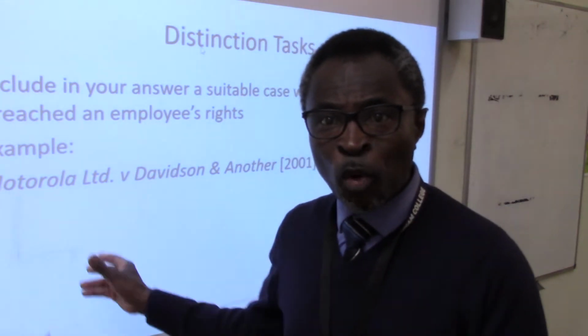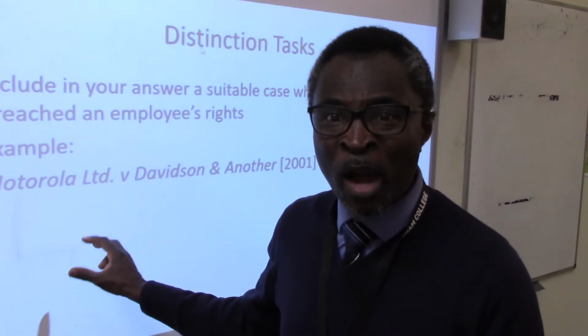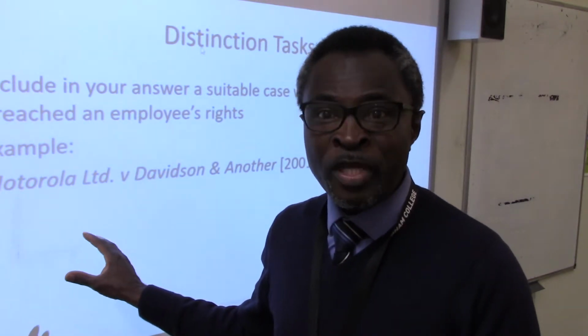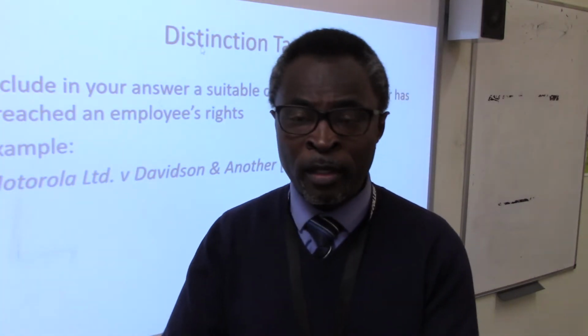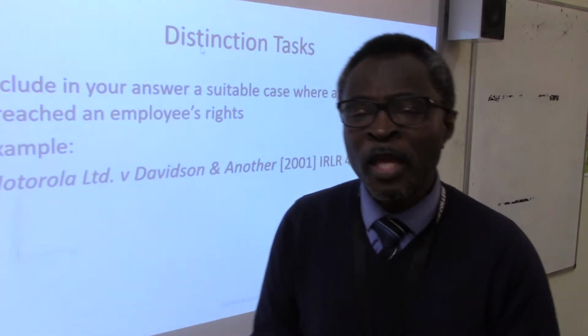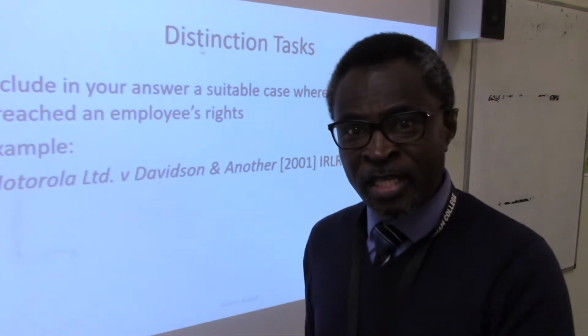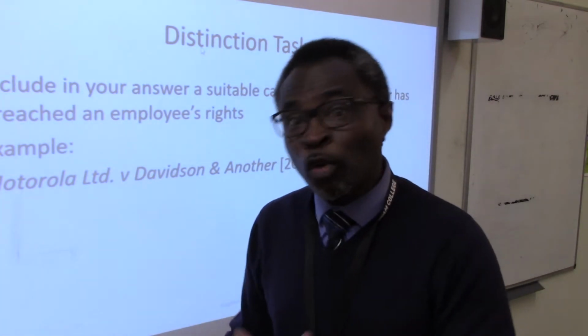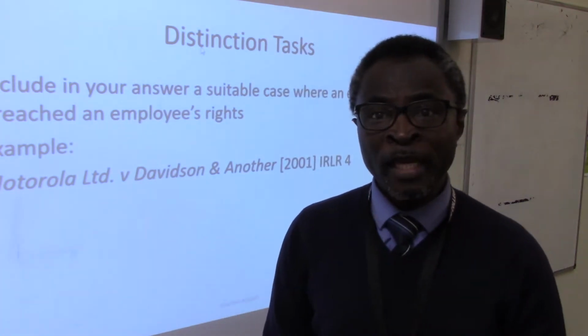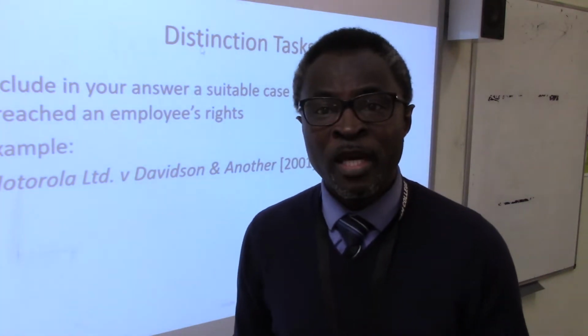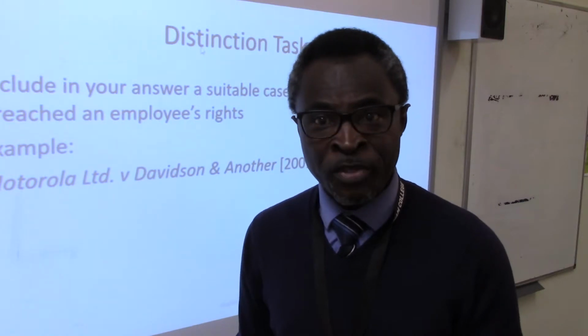So the key point about Motorola, apart from being used as a test to identify how much control an employer has over a worker, is that you can use this as a clear example of where the employer breached their duty towards their employee. You can't dismiss an employee without a good reason.